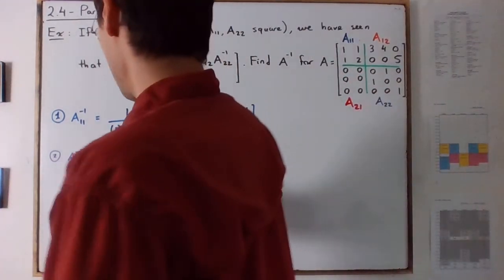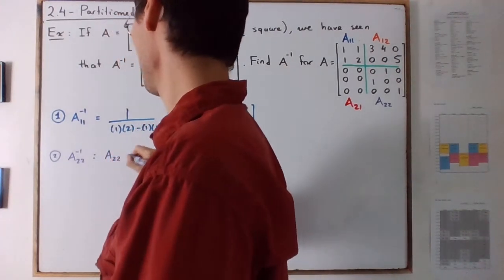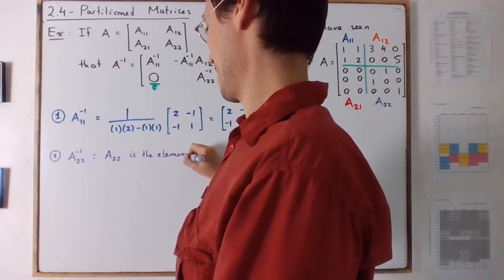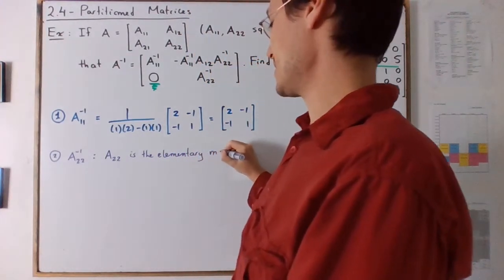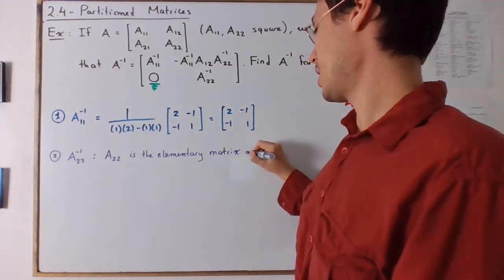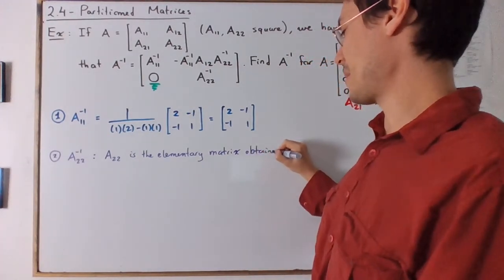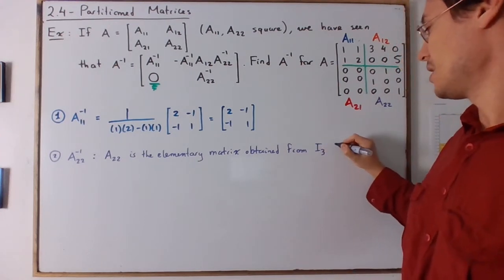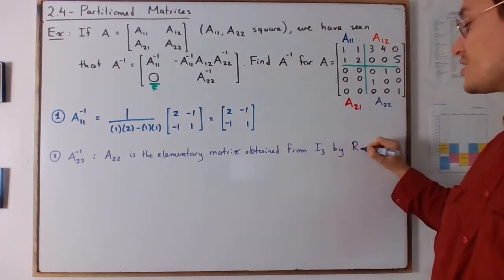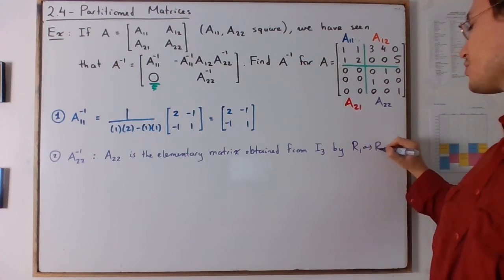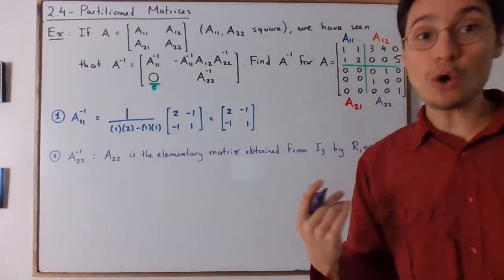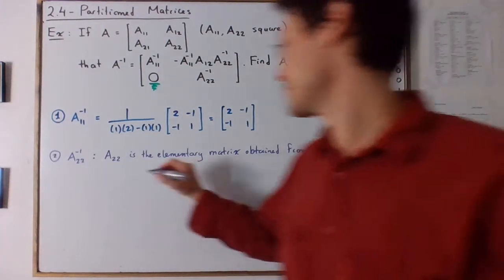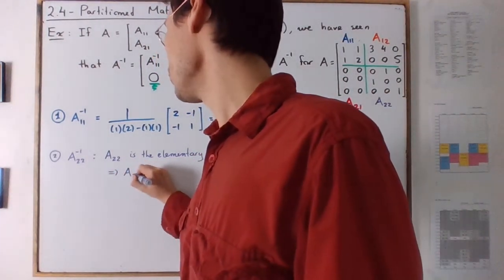So A22 is the elementary matrix obtained from I3, to be more precise, by the row interchange, row 1 interchange row 2. And you know that its inverse will be found by performing the reverse row operation on I. So that's it.